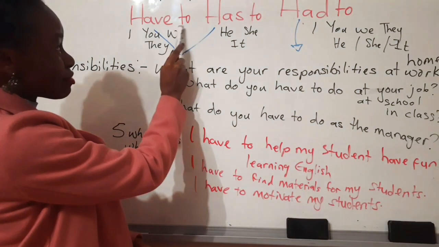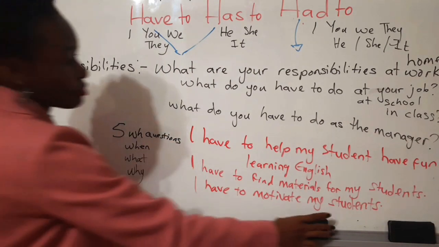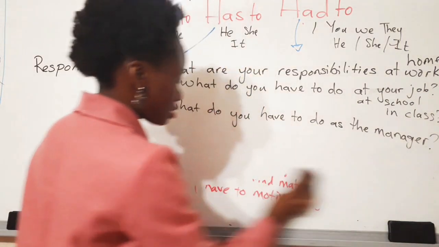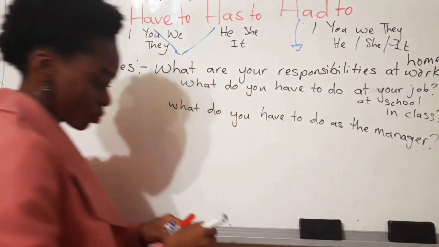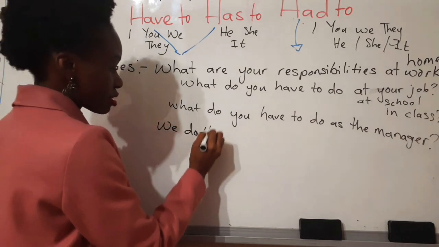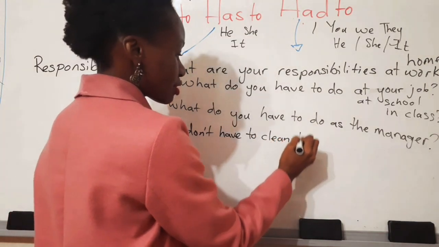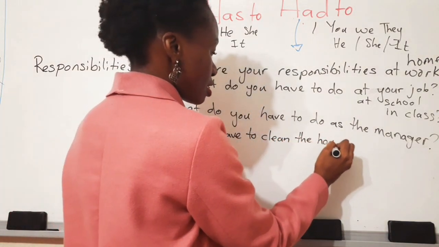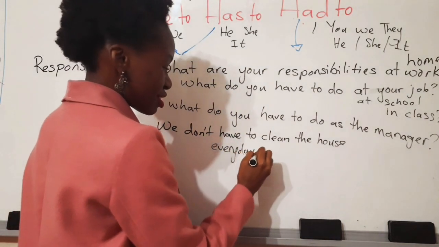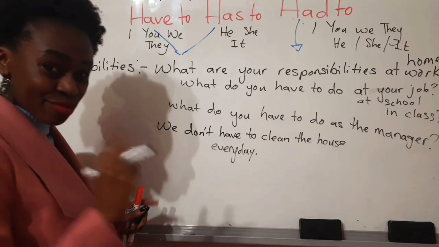So don't have to do, the negative form. We say we don't have to. We don't have to clean the house every day. Once again, details, long sentences, if possible.